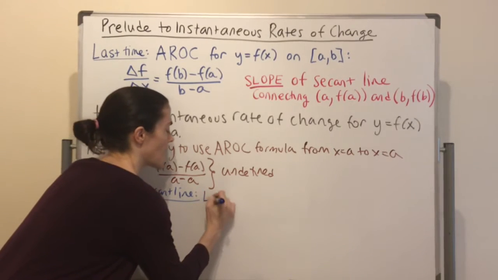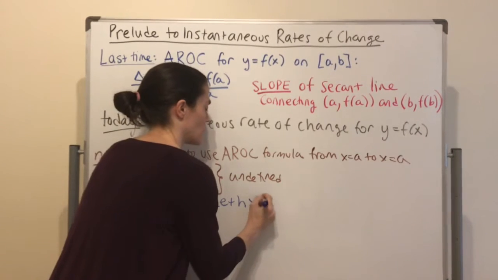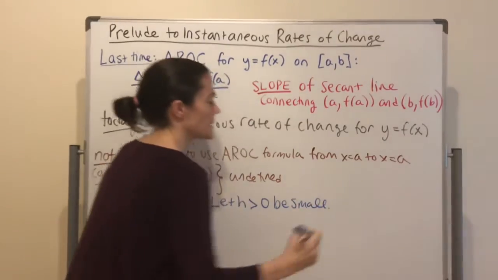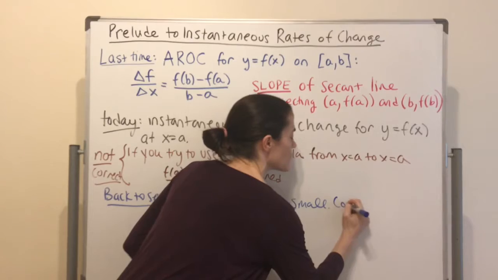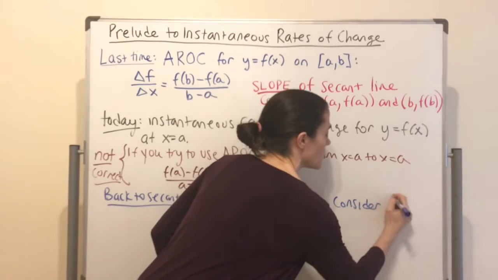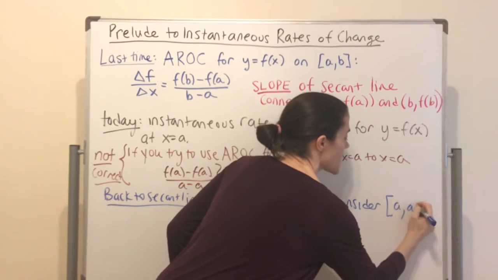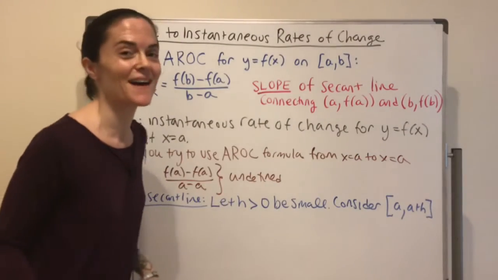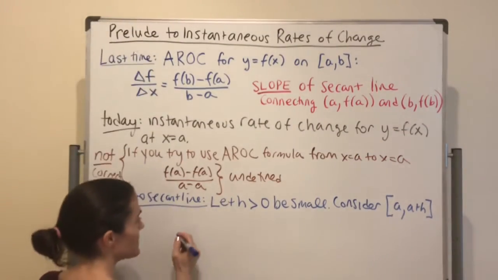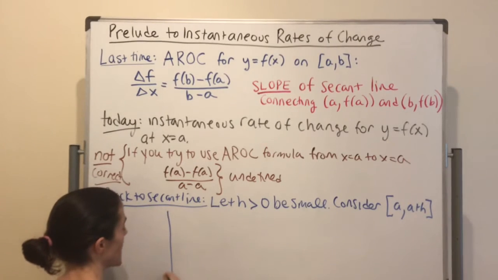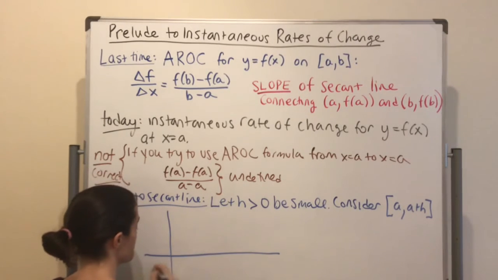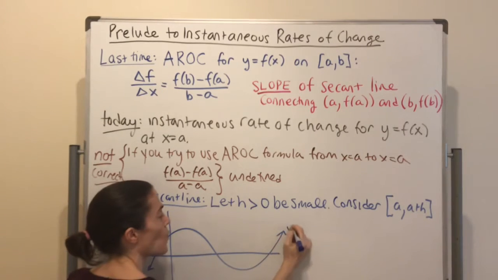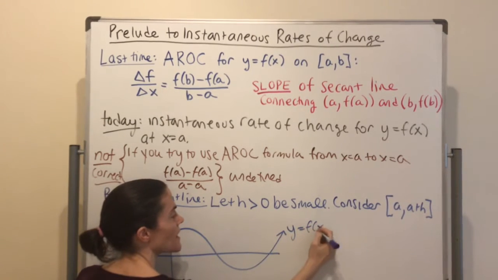So let's let h be small. And let's consider the interval a to a plus h. Now I'll draw a picture and then I'm going to have to erase some stuff to continue. But my picture I can put here. So we have a function y equals f of x.